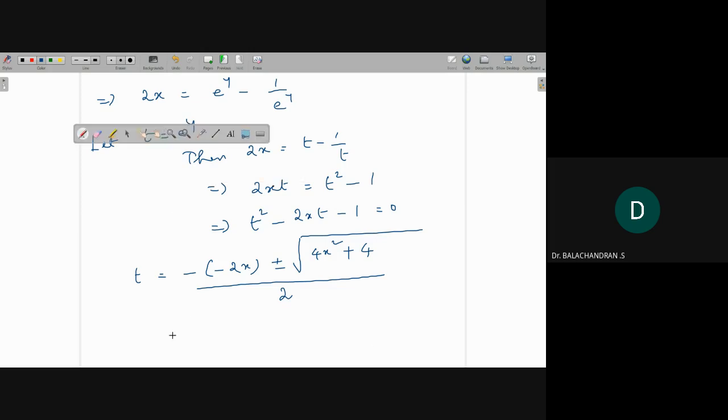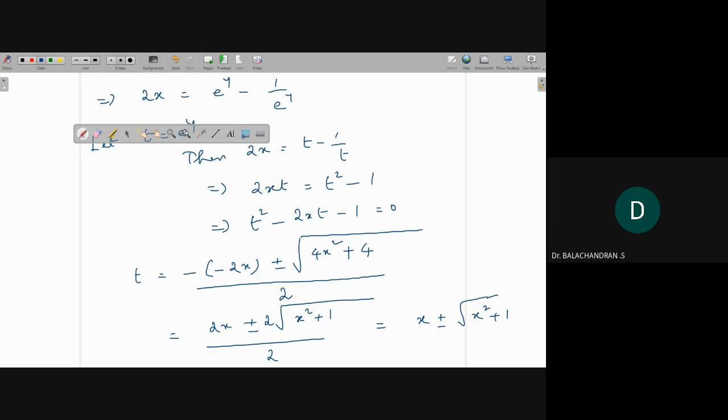So t equal to 2x plus or minus root of, you can take 4 commonly, 4 times x squared plus 1, divided by 2. You can take 2 commonly and cancel out with this 2. You have x plus or minus root of x squared plus 1. So t equal to this expression.